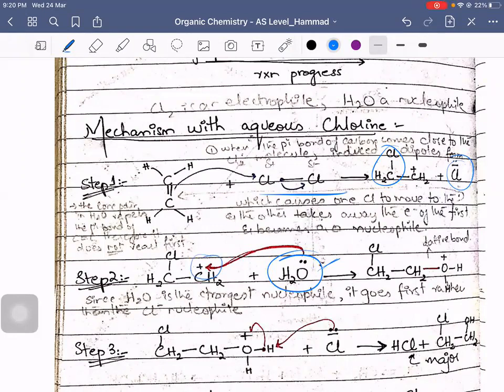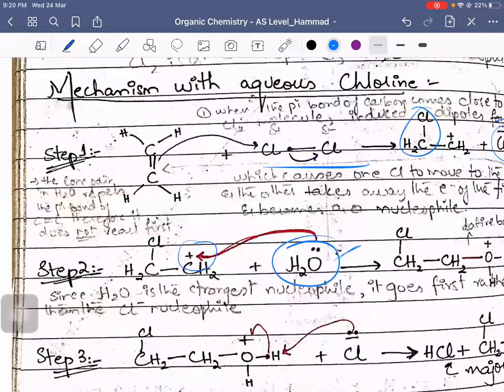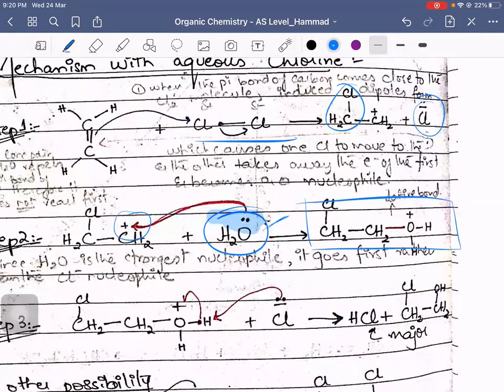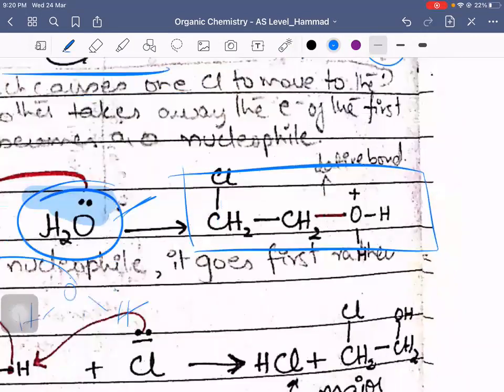Please understand, whenever you are drawing mechanisms, arrows will always come out from the negative part of the molecule towards the positive part, right? So it will form this bond. The water was initially like this, but when the lone pair attacked the CH2 carbon, it will form another third bond.